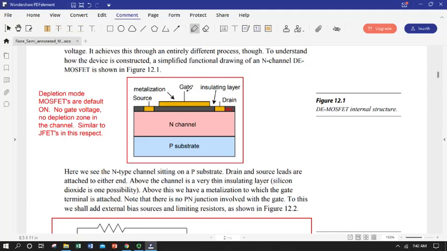So we're going to apply a voltage. We'll just draw it with a little terminal. And we're going to apply a negative voltage to the gate.